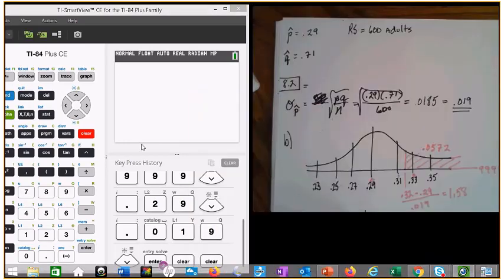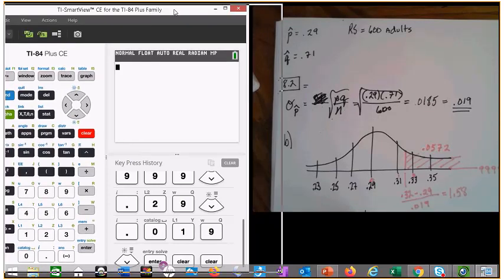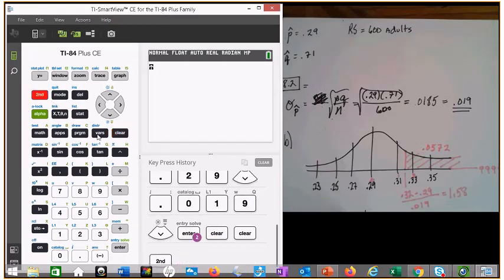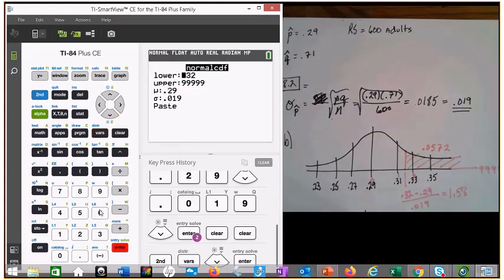So if you have a new calculator or an older calculator, you're going to type in second bars, normal CDF, and it may not even ask you this.